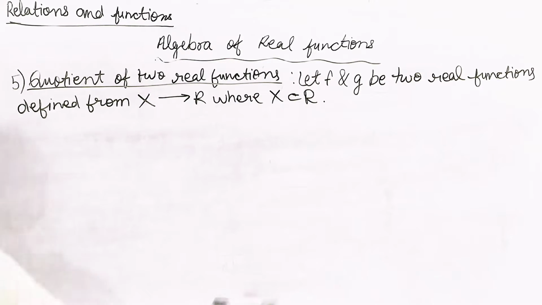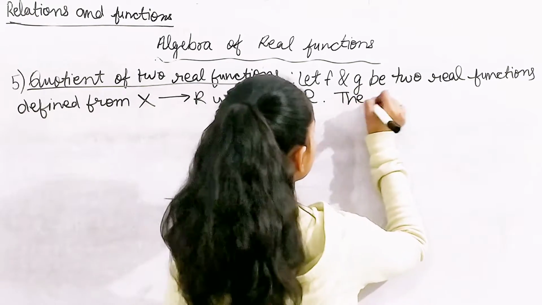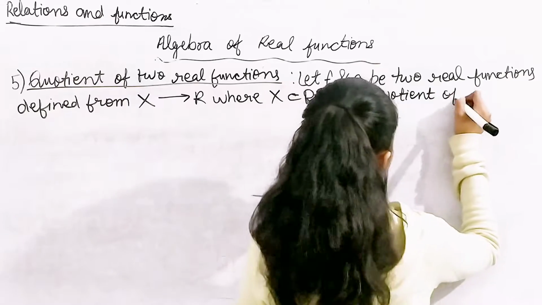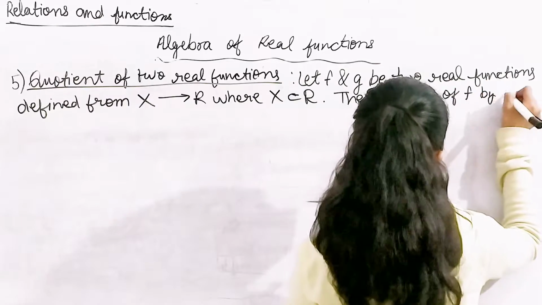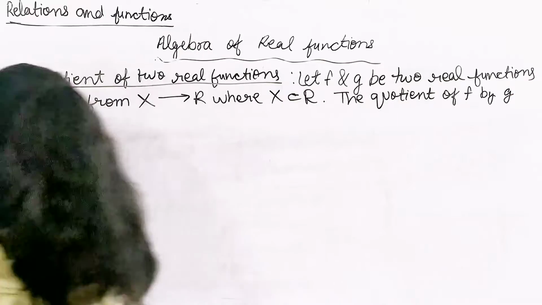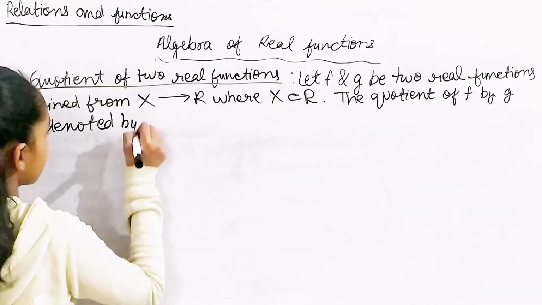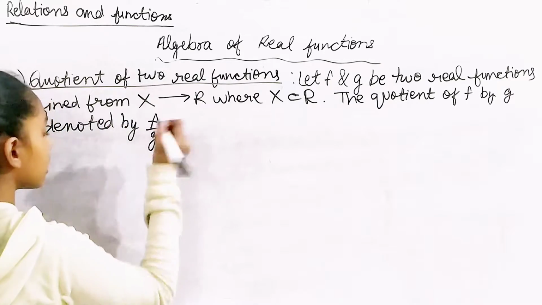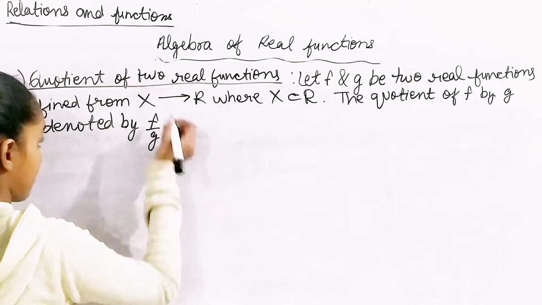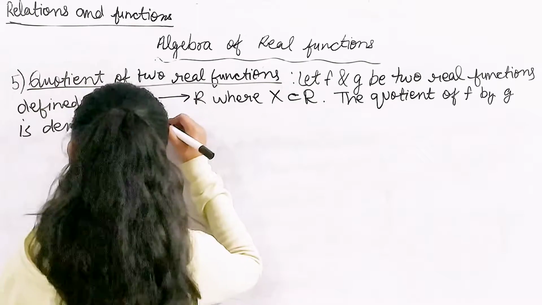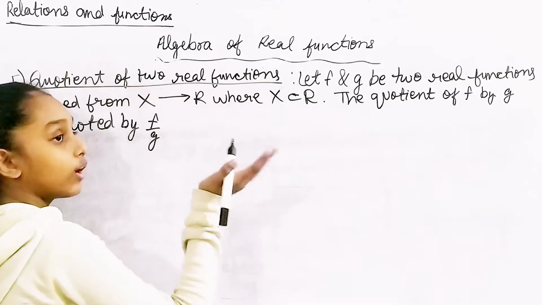The quotient of f by g is denoted by f upon g, which is actually a function in the form in which we have the numerator and denominator.